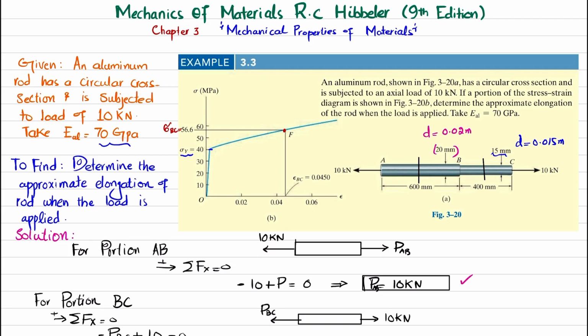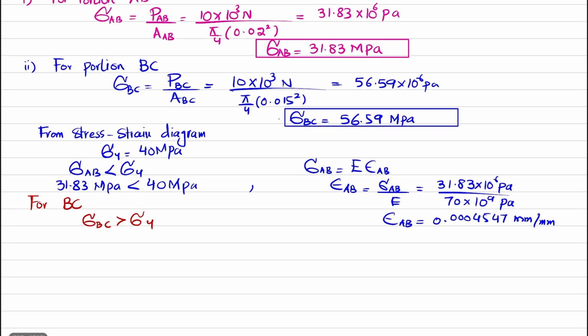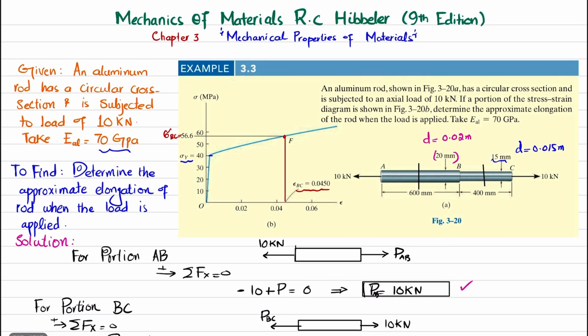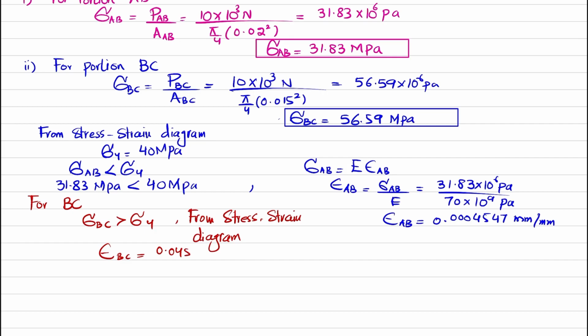So what we will do is that we will take the value of strain for this sigma BC from the stress strain diagram. This strain BC comes out to be 0.0450 millimeter per millimeter.